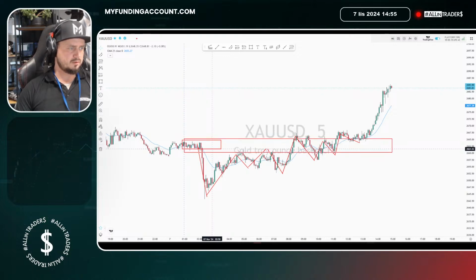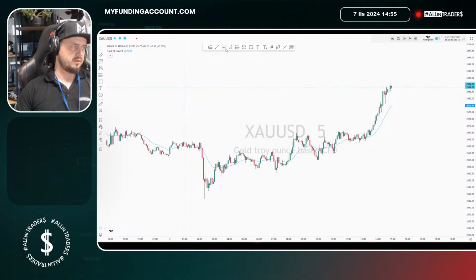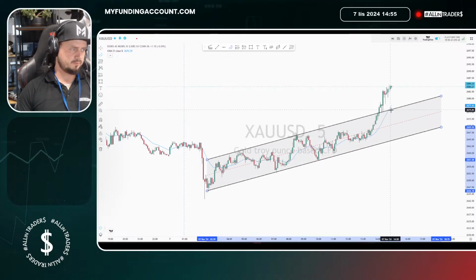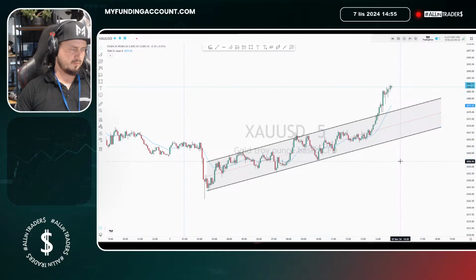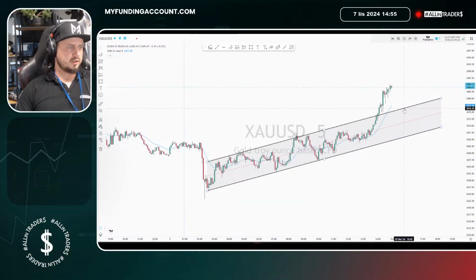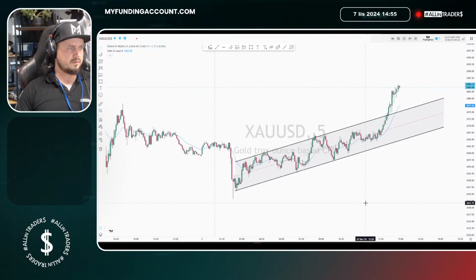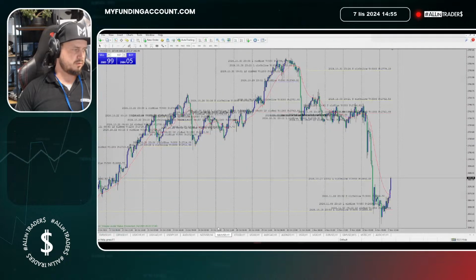Not sure. We might check this area here. Let's check it out. Any rotation channel? We did have rotation channel, bullish rotation channel, and we got breakout from that channel. Strong move.